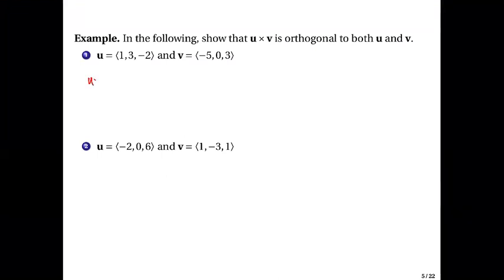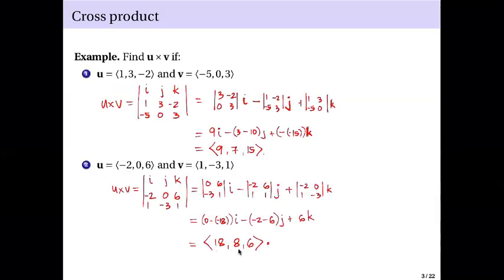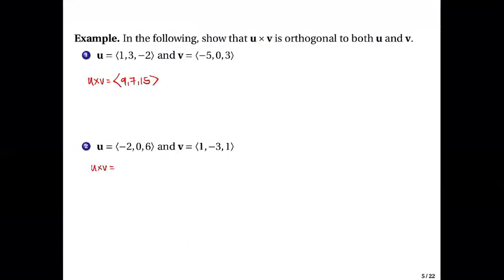So U cross V, this is 9, 7, 15. And then for the second vector here, U cross V, we have 18, 8, 6.